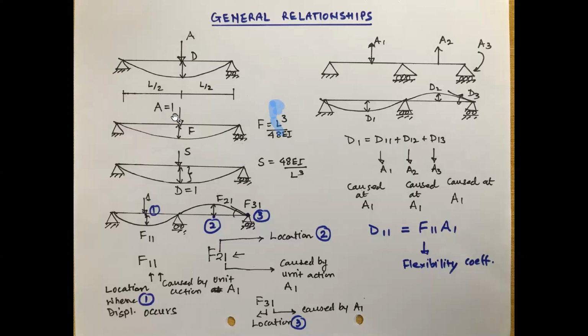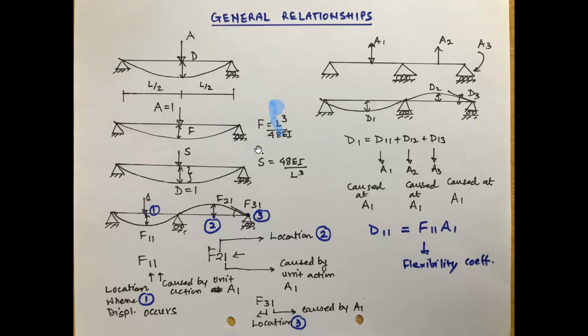So the flexibility coefficient for this beam is L cube by 48 EI. This can be asked individually in multiple-choice questions, and I have seen it in entrance examinations also. They usually ask a simple thing like, calculate the flexibility coefficient for this beam. You should be able to get this answer.